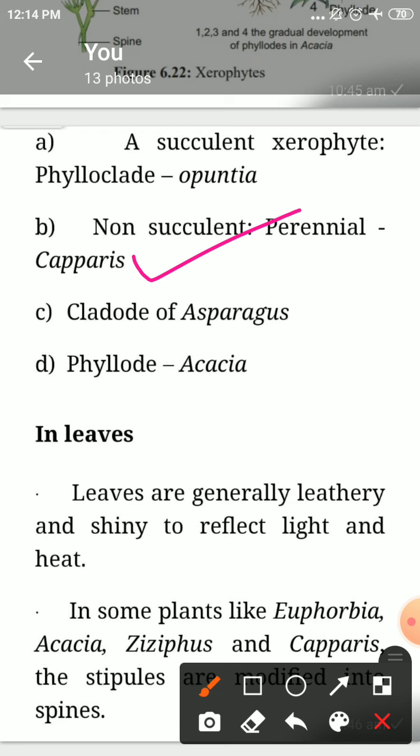The leaves are modified into spines. This species is called Capparis aphylla, with the synonym Capparis decidua. Aphylla means the leaves are absent; phylla means leaves.